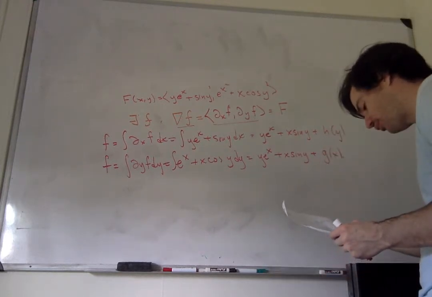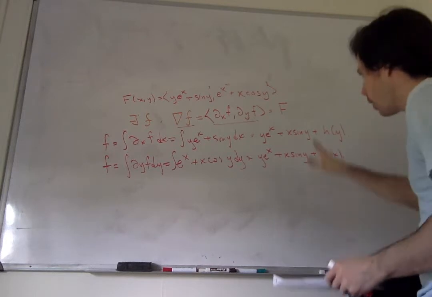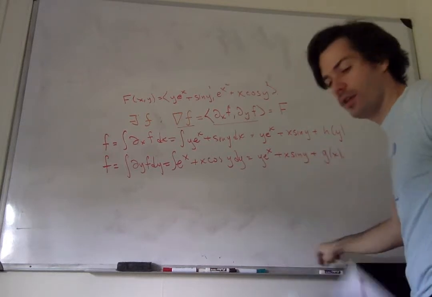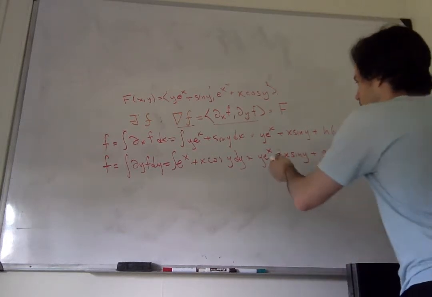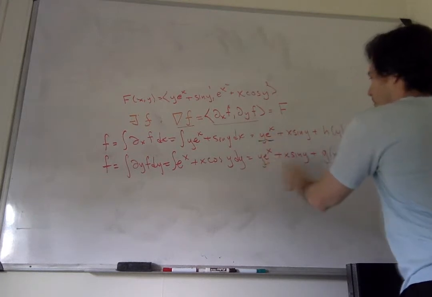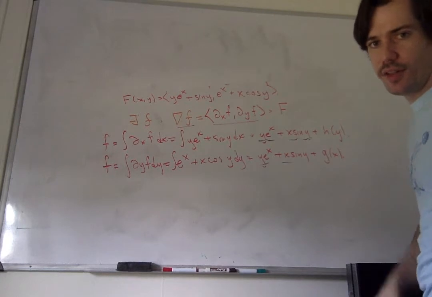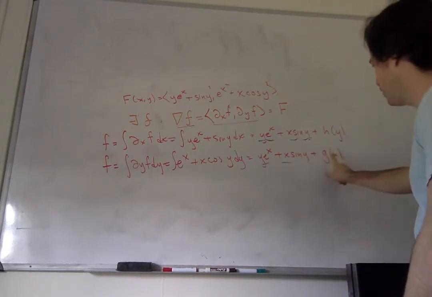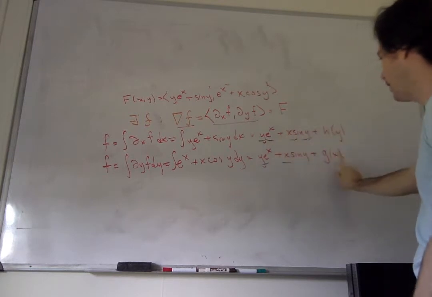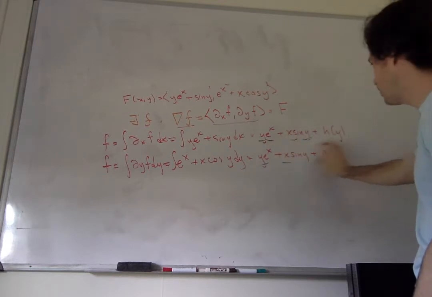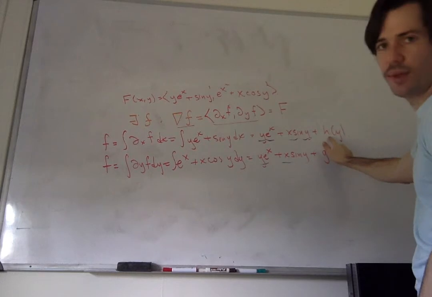Okay. Well, when we look at it, we see very obviously that this and this match up, and this and this match up. And so there is no other function in here that could be this, and there's no other function here that could be this, right?